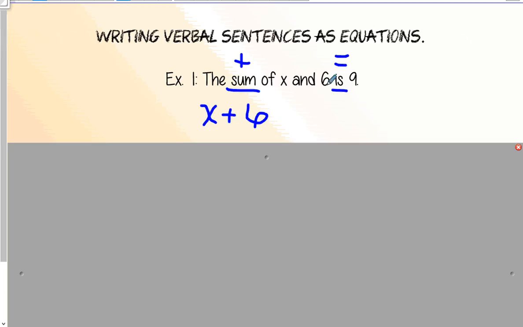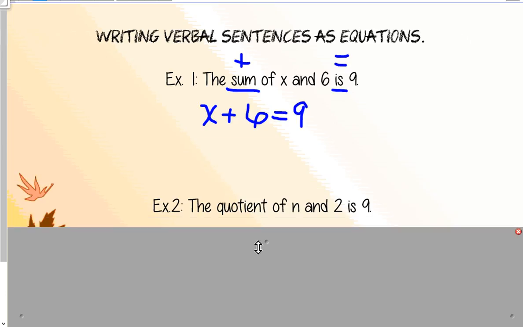And it is 9, so it equals 9. When I'm turning a verbal sentence into an equation, all I'm doing is turning the words into this. So this would be your answer: x plus 6 equals 9.